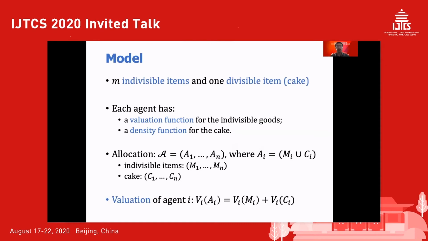An allocation consists of n parts, where A_i, the resources that we give to agent i, consists of a bundle of indivisible items, M_i, and also a piece of cake, C_i. Finally, we again assume additive valuation, that is, the valuation of agent i for this allocation A_i is the sum of his value for the bundle of indivisible goods plus the value for the cake. So this is the model.